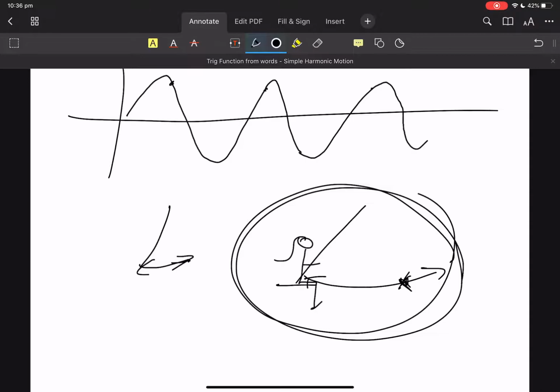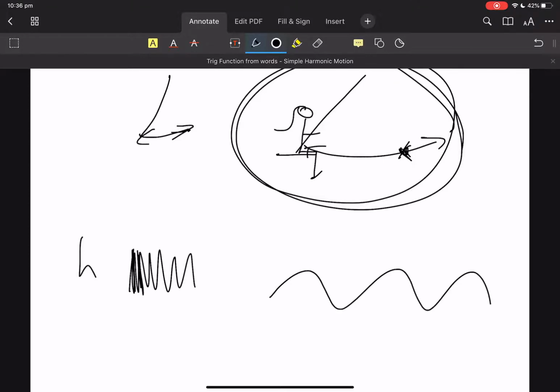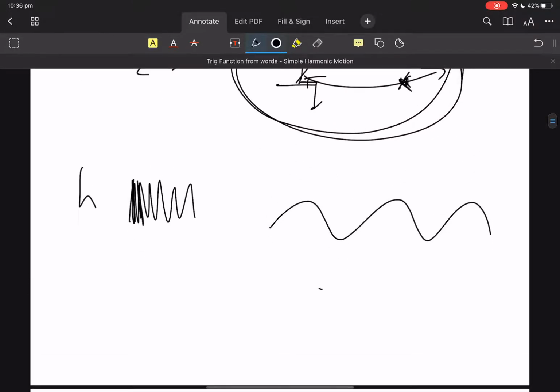So swings, tides, temperatures, a spring bouncing, someone bouncing on a spring, oscillating, going up and down. What's their height? A porpoise jumping through the water. Some sort of spring oscillating backwards and forwards.